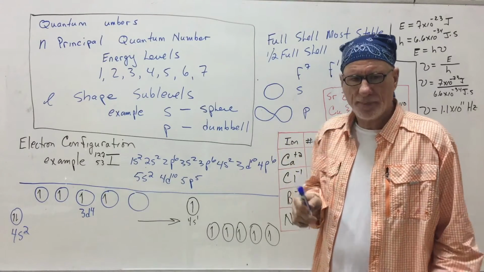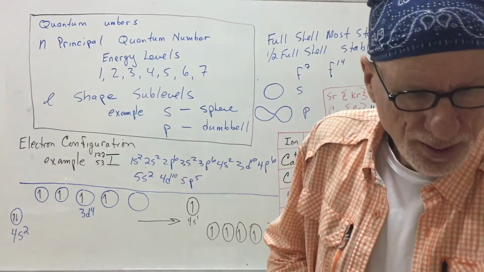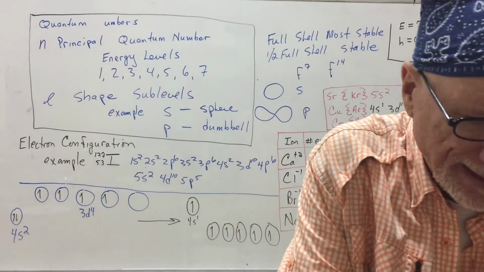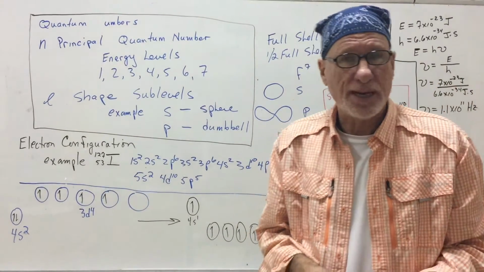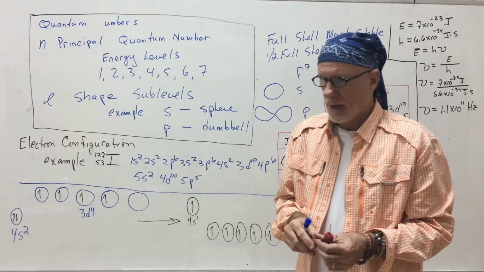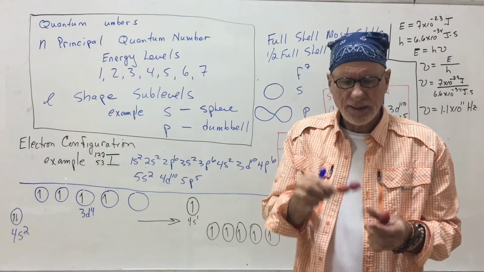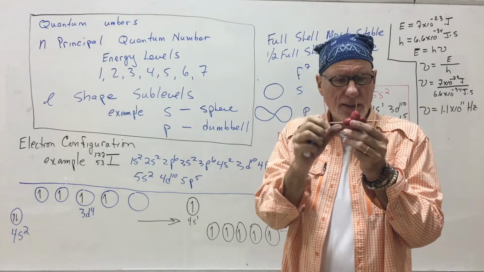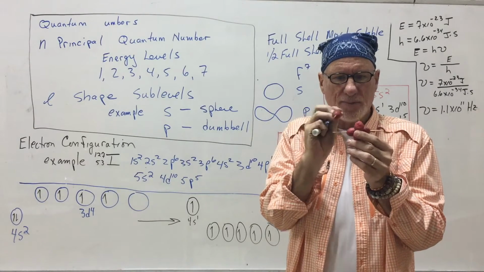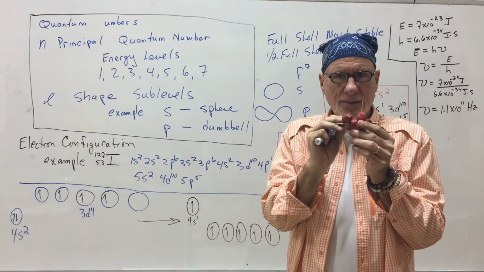It's an odd shape. Now, there's only one S shape, and that's a sphere. Now, P is like a dumbbell shape, but you can have an X, a Y, and also a Z. Remember, there's three P's, right?